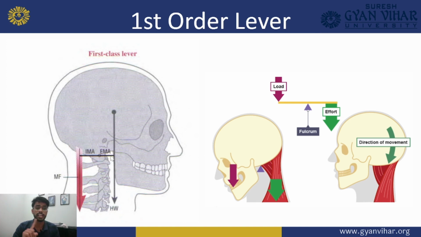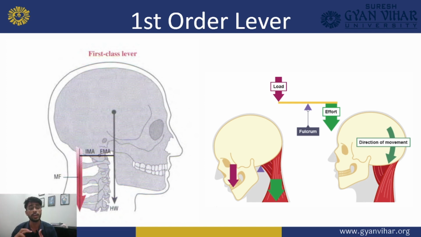EMA, the external moment arm, and IMA, the internal moment arm. The perpendicular distance from the fulcrum to the external load is always the external moment arm. And the perpendicular distance from the fulcrum to the effort, in this case the muscle force, is the internal moment arm.